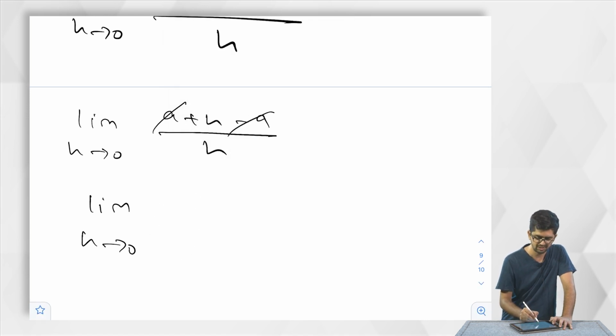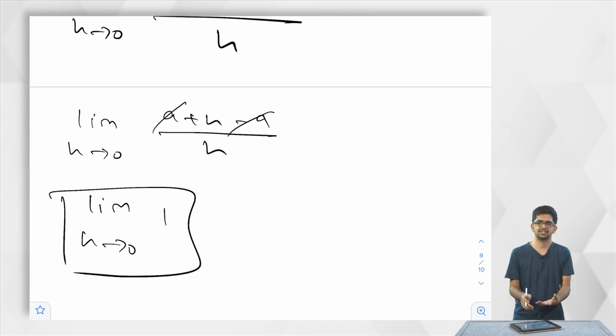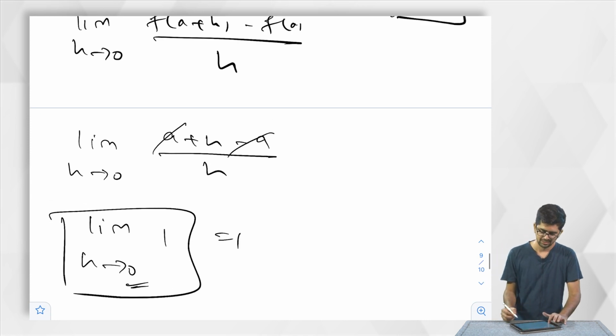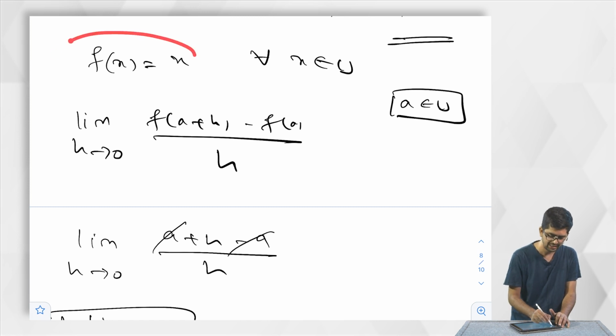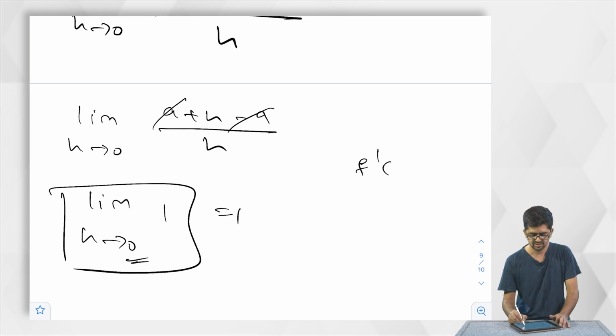So there is no h component here. So the limit at this point 0 is just 1. So the derivative of the identity function at any point is just 1. So f dash of x is 1 for every x belongs to U.